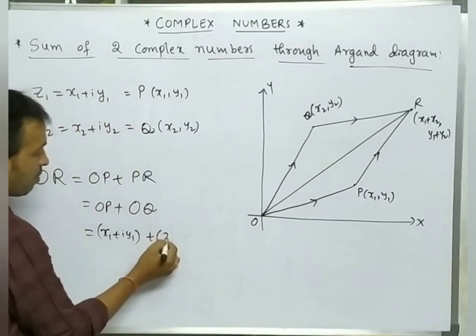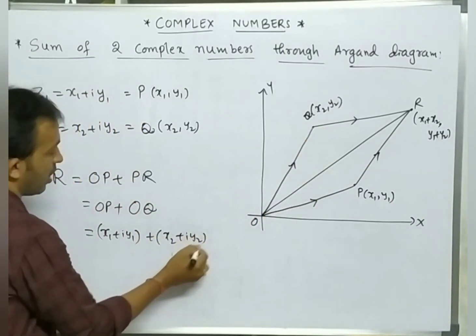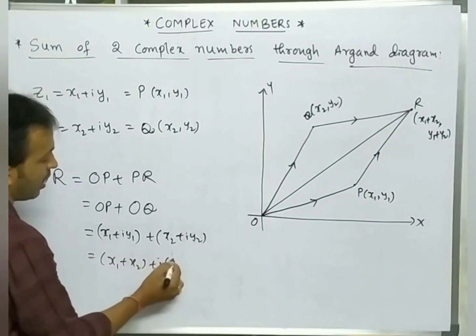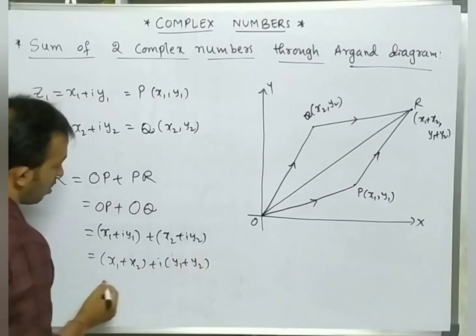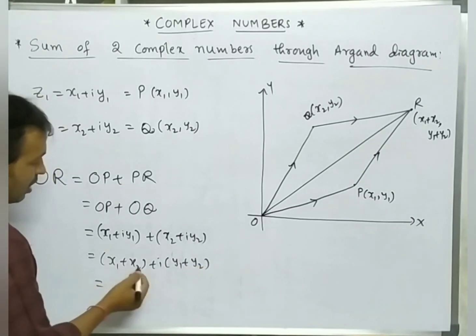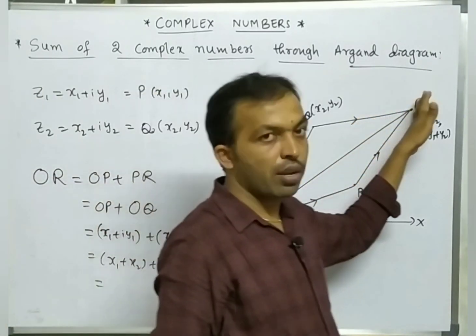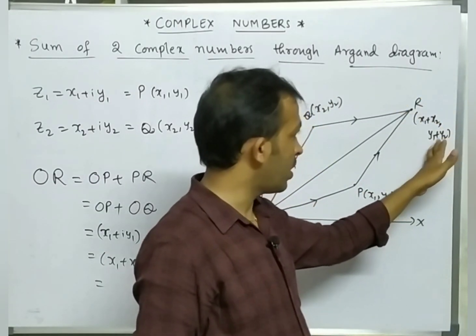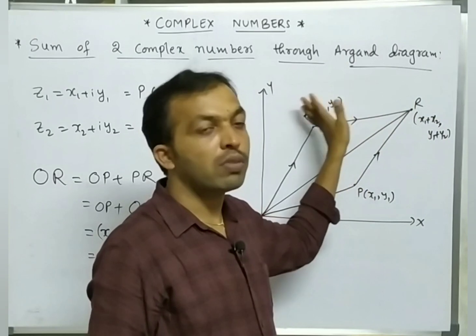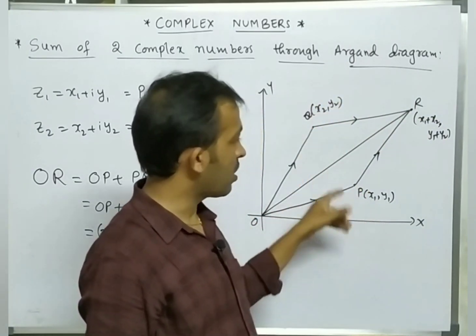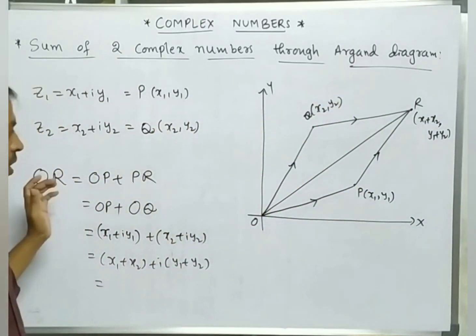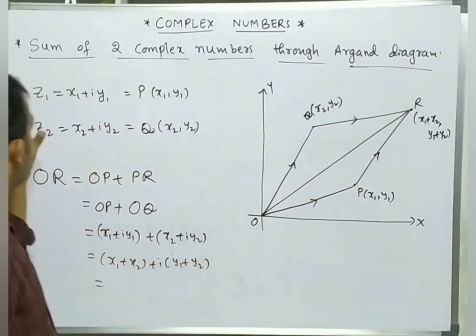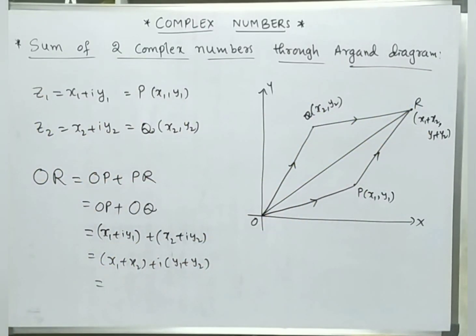This is a complex number, x2 plus i y2. Then we will get (x1 plus x2) plus i times (y1 plus y2), which represents the coordinate R, (x1 plus x2, y1 plus y2). So this is the sum of these two complex numbers z1 and z2. So R is the coordinate which represents the sum of the two complex numbers.